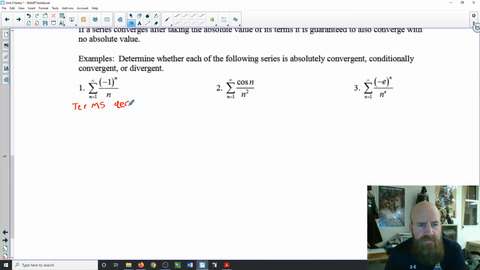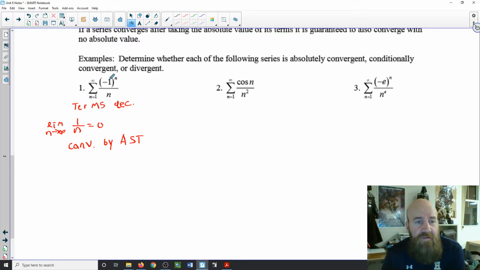And we know that if we run the limit of 1 over n, as n approaches infinity, that's going to be 0. So this converges by the alternating series test.